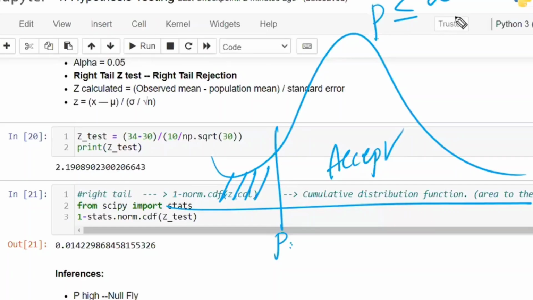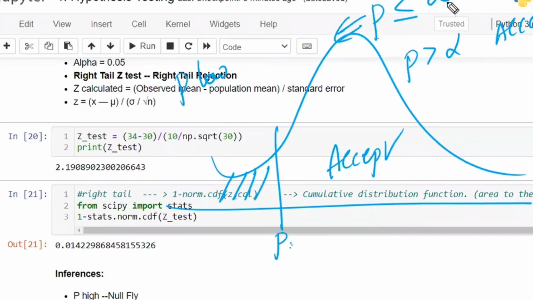P less than or equal to alpha means reject the null hypothesis. P greater than alpha means accept the null hypothesis. So P less than alpha, reject the null hypothesis. The shortcut is P low, null go. P low means p less than alpha.